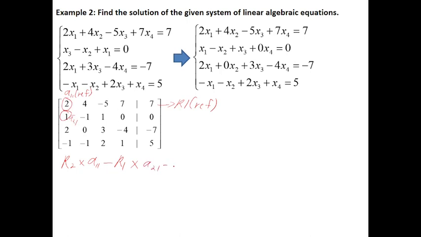So, yun ang magiging R2 natin. So, magkakaroon ng new elements, di ba? So, ito yun. So, R2, A11 minus R1 times A21.